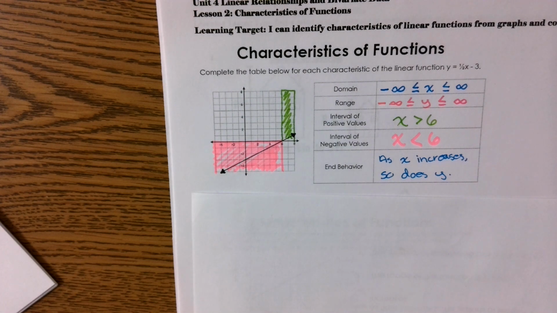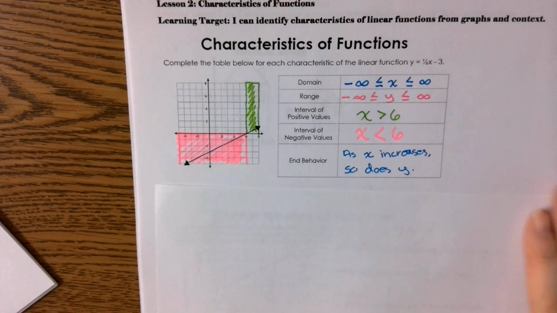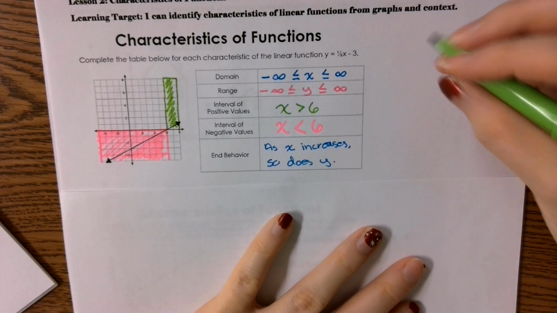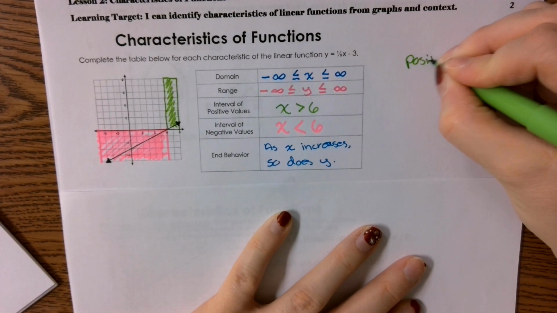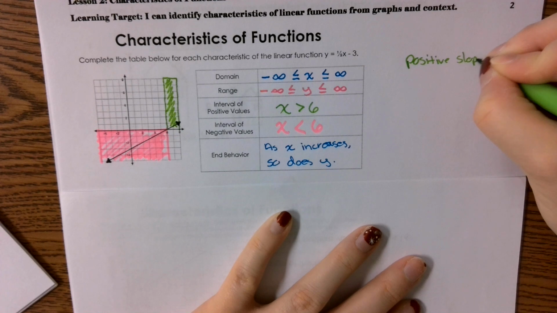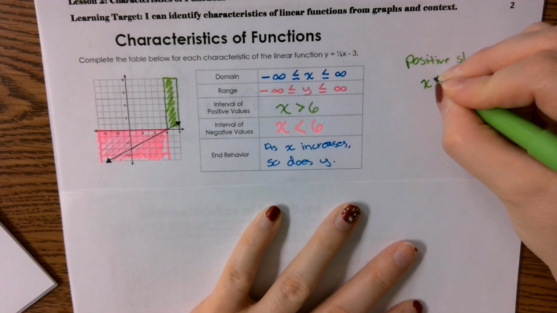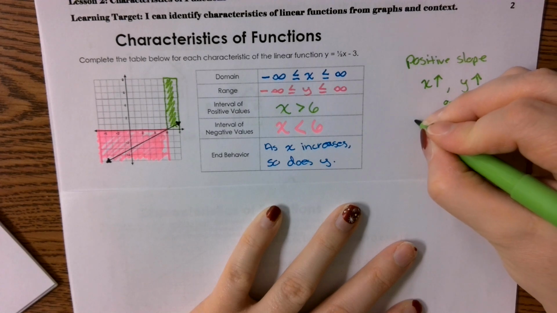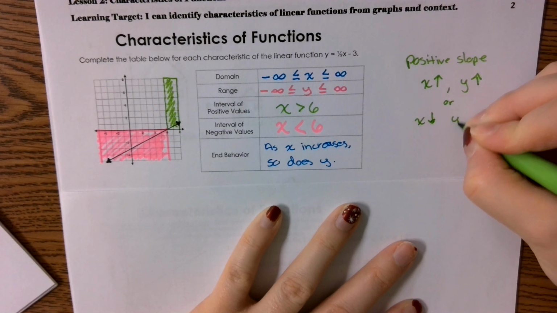The y is going to increase at the same consistency as the x increasing. Hence the reason, what type of slope is this? Positive slope. Slope is a great way to detail your behaviors. When you have a positive slope, it means that as x increases, y increases, and the reverse, x decreases, y decreases.